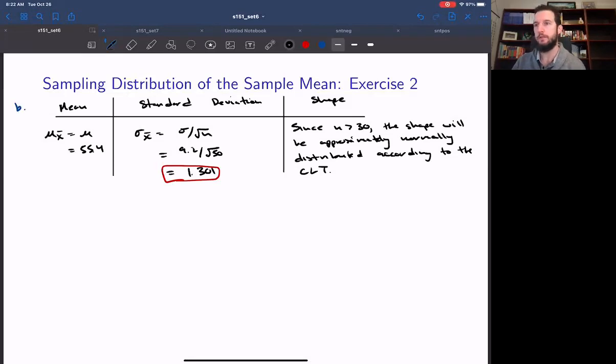Okay, so just to give a visual of what's going on here, let's say again, hypothetically, that the salaries are right skewed. Hypothetically, we don't know this, but just for example.